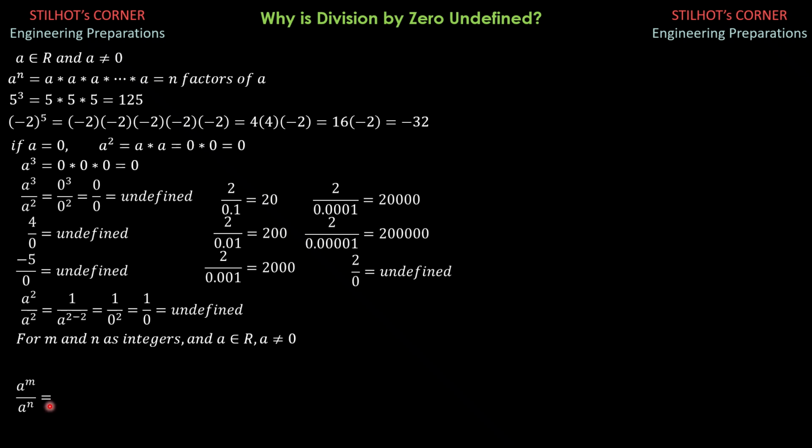So the rule in algebra is that the exponent should always be positive or 0. So this is equal to a to the quantity m minus n if m is greater than n. It is equal to 1 because m is equal to n in that case.